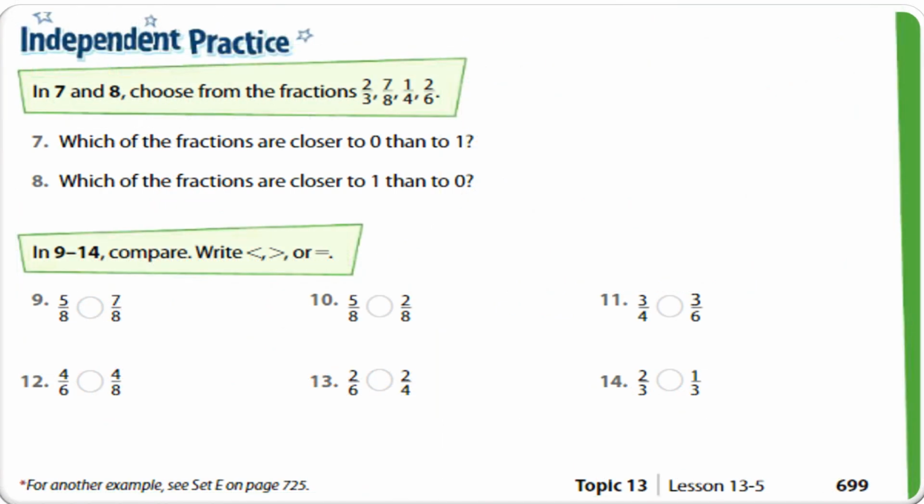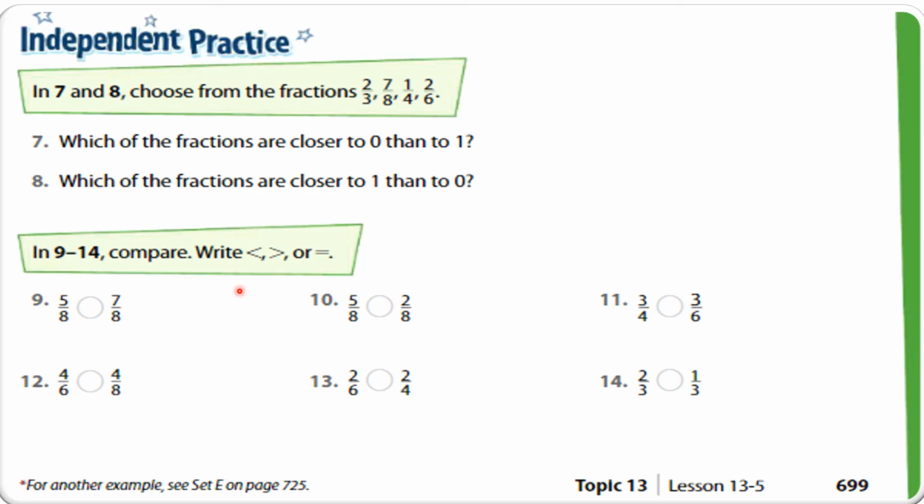Okay, from question 7 to question 14, you have to do it yourself. You just have to compare the fractions and write the fractions which are closer to 0 or closer to 1, comparing them by looking at the numerator or the denominator.